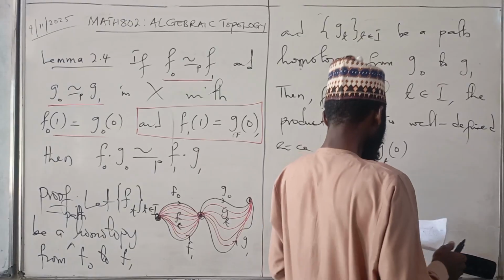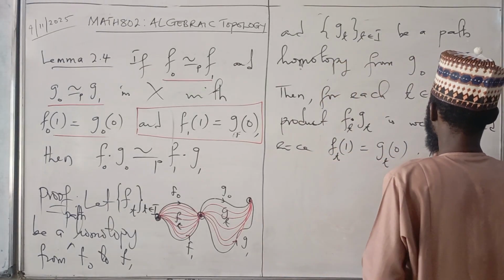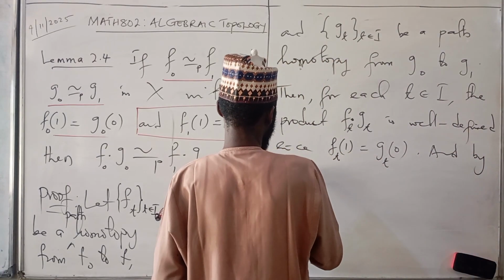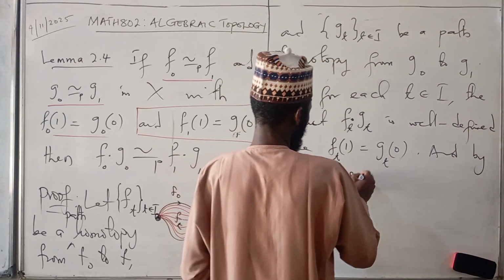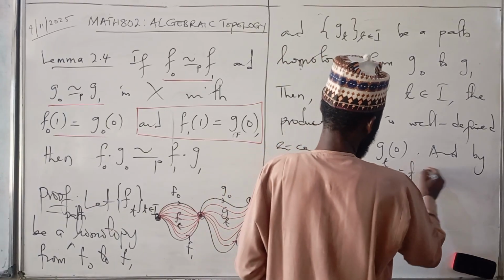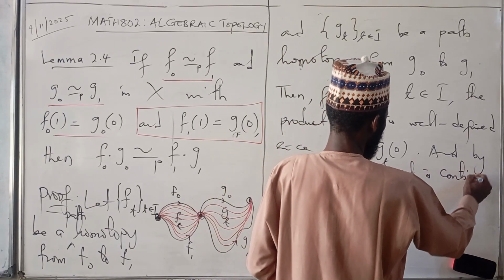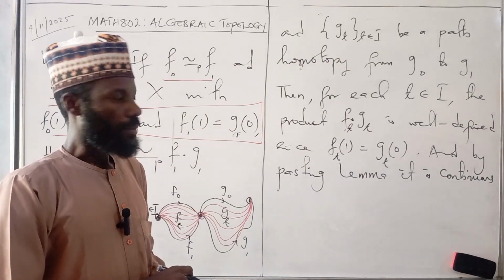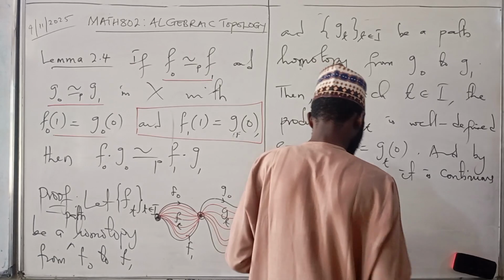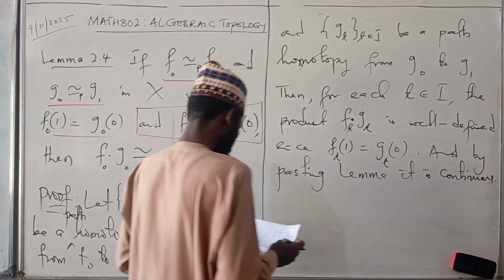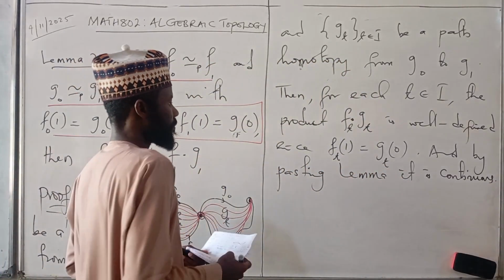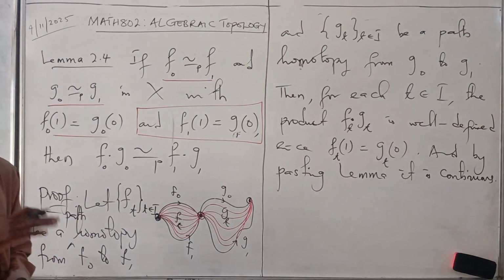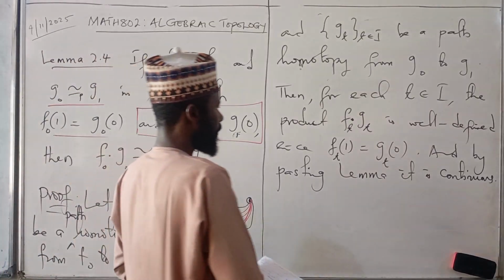Okay? All right. And by the pasting lemma, it is continuous. So you have a continuous family of maps. It will not be difficult to show, so I just say it will not be difficult.